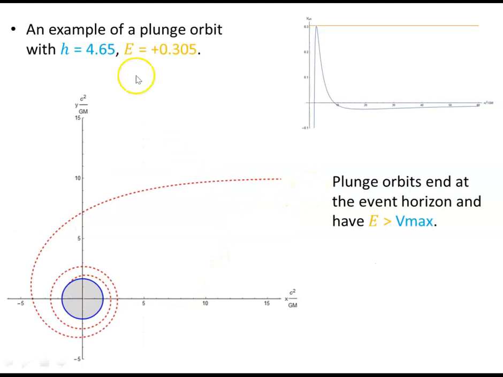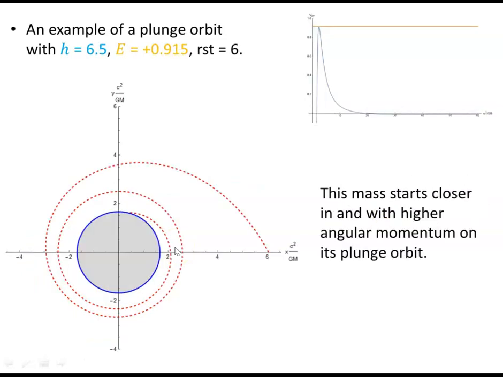Okay, is that it? Another plunge orbit, 4.65, this time plus 0.305 up here. And as we go, plunge orbit coming in again like that. I don't know if I have one more. Here I go. Now this one starts further in, much closer in at 6 GM on c squared.